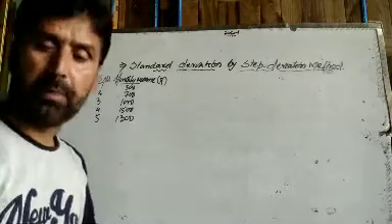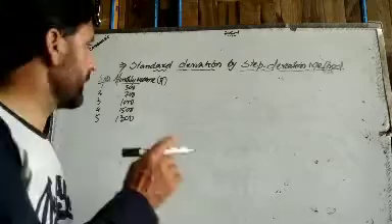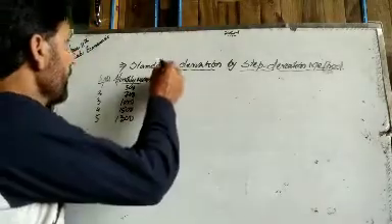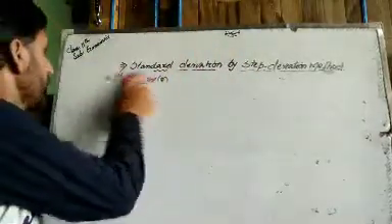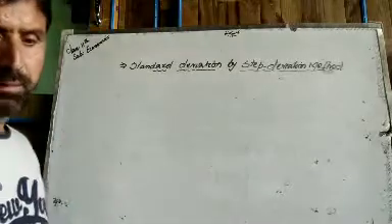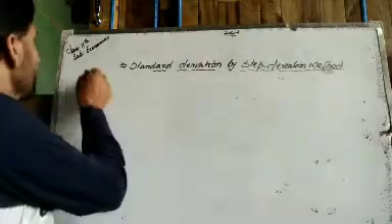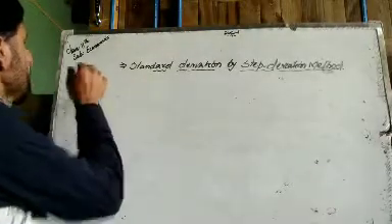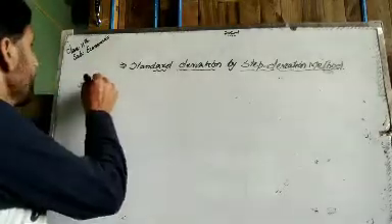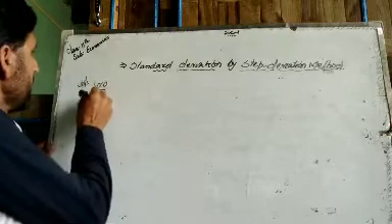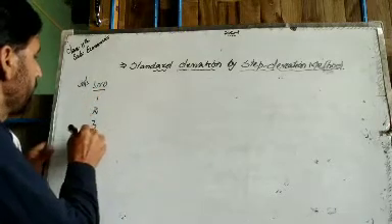Now you make a table, dear students. When you go through the solution of this very problem, you first make a table. First you write the serial number: 1, 2, 3, 4 and 5.